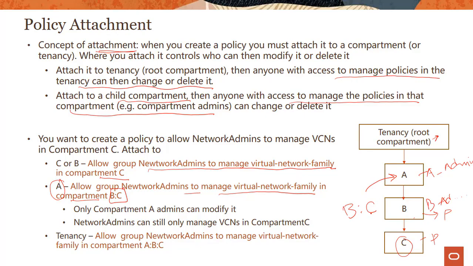If you don't do this, A has no idea where the C compartment is, and the system will give you an error saying that this policy could not be attached to compartment A.